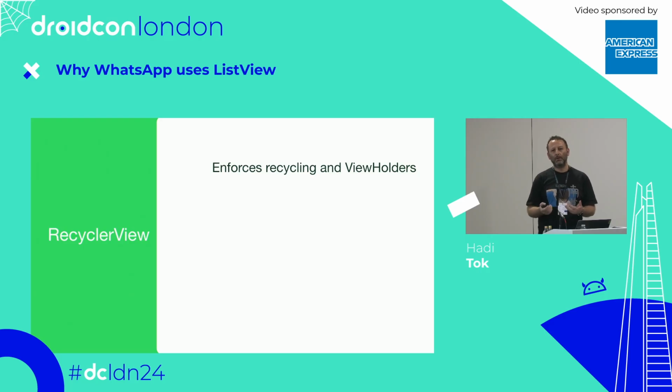So the message views have references to their children, and we are not doing findViewById on every recycling. And we try to do recycling as much as possible. So this is not really a benefit to WhatsApp.